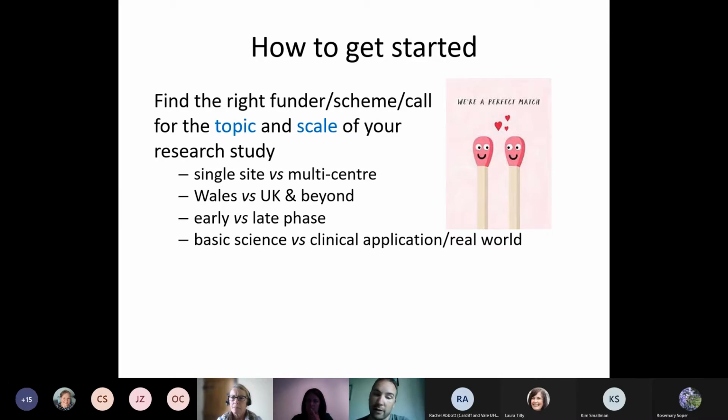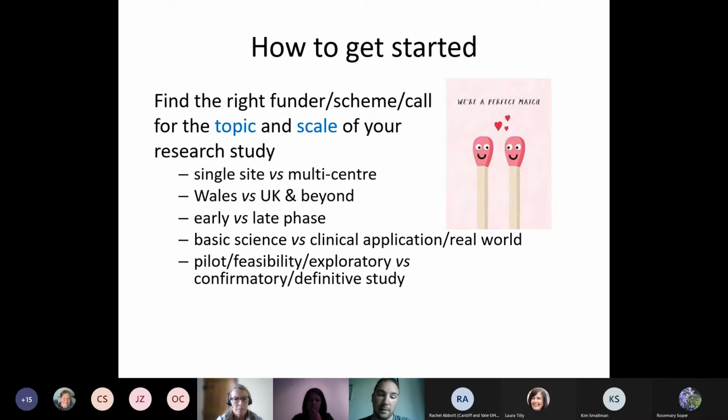Early phase study can also be something that's more basic science, lab science, more biological versus pharmacological, versus something that's a type of effectiveness study, how to implement it in the real world. And whether it's a pilot or feasibility study, again, this is linked to whether it's single site or multi-center, whether it's early or late phase.